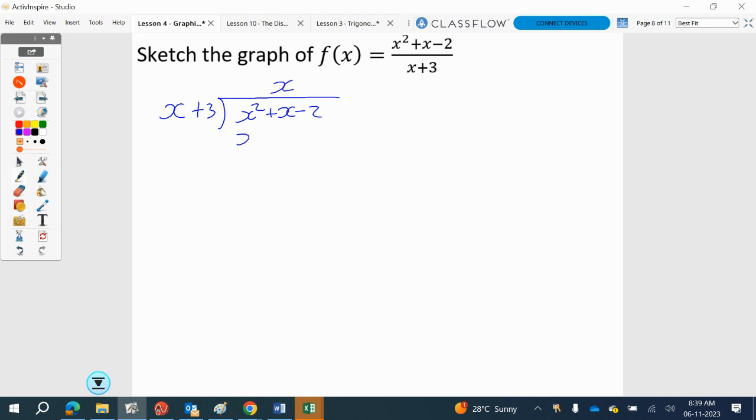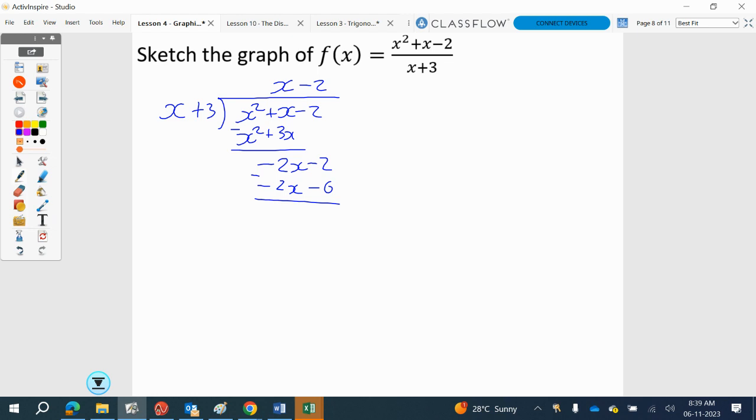This gives us x squared plus 3x. Let's do the subtraction. What are we left with? Negative 2x. Drop the negative 2 down. What do we need to multiply x by to get negative 2x? Negative 2. This gives us negative 2x minus 6. Do the subtraction.